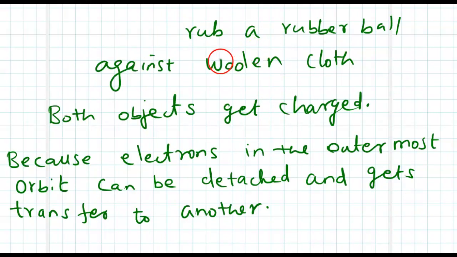Okay, so what happens if you rub the rubber balloon against the woolen cloth? Both objects get charged. How do both objects get charged? For example, here is a balloon and here is the woolen cloth. When you rub against each other, the electrons from the balloon jump into the woolen cloth.